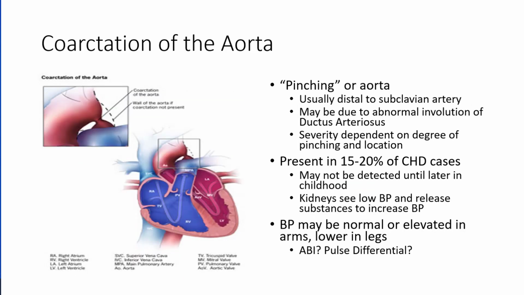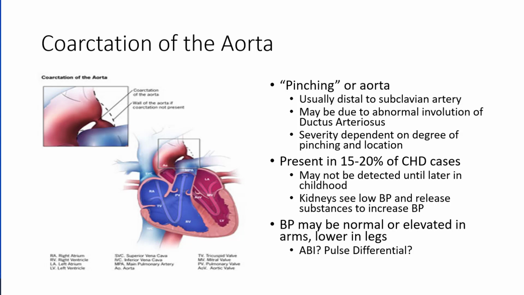And then there's coarctation of the aorta. Coarctation just means pinching of the aorta. It's usually distal to the subclavian vein. Severity depends on the degree of pinching and location. Sometimes the kids may end up being acyanotic, and this may not be detected until much later in childhood.